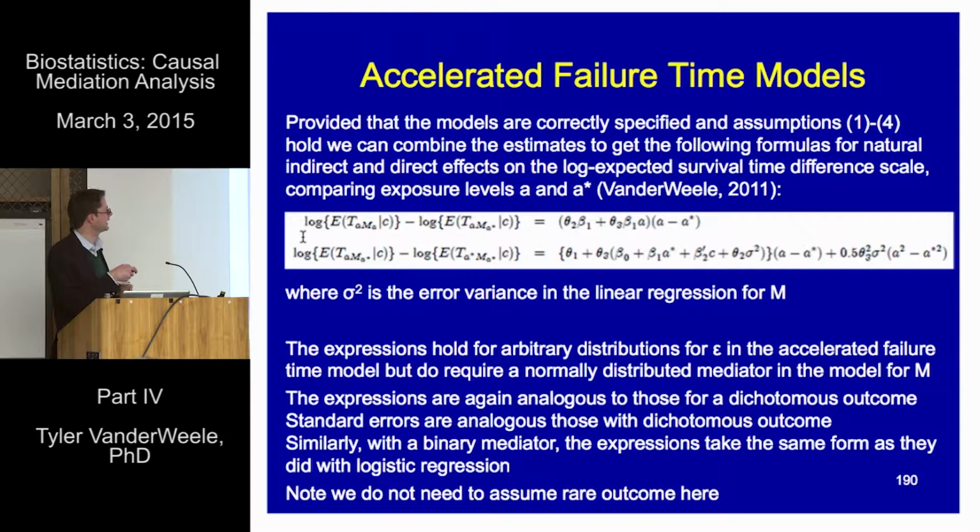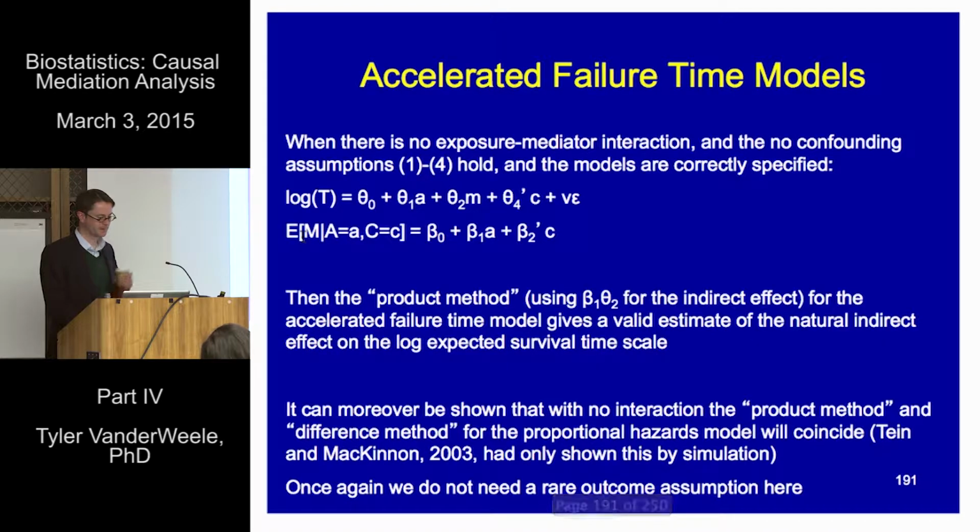If we exponentiate, we get the expected survival time ratio scale, and the formula, again, is the same as we saw for log binomial regression. And like log binomial regression, we don't need the rare outcome assumption. Same formulas as well if we have a binary mediator, same formulas for the standard errors. So everything essentially goes through.